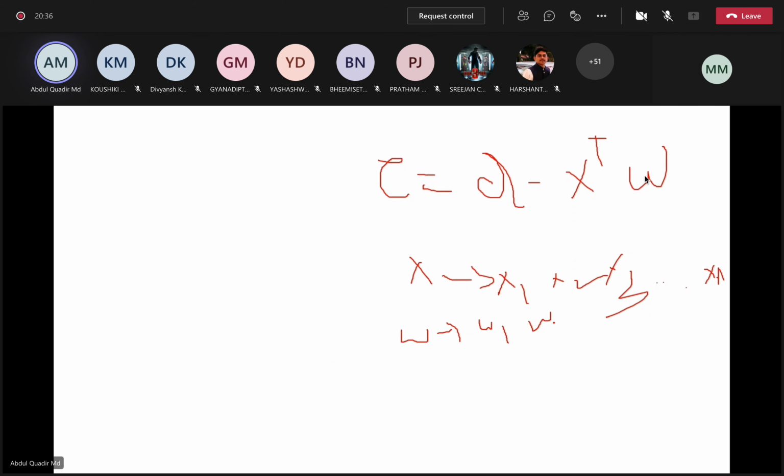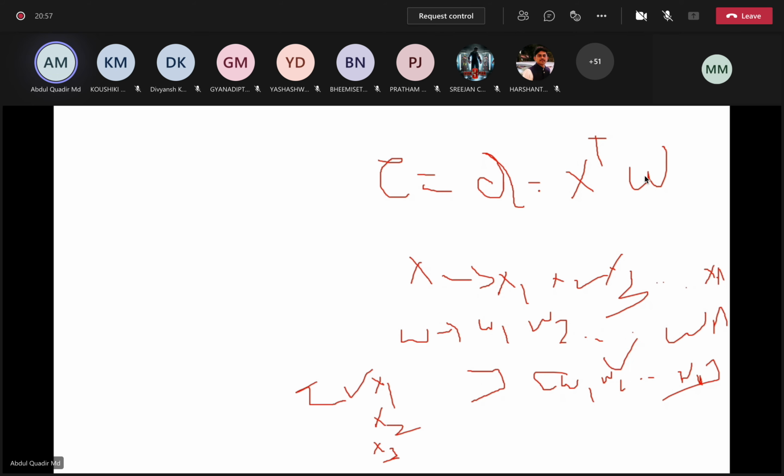W1, W2, W3 till Wn. If I want to multiply these matrices, how will I do, students? One should be in the transposed form, right? X1, X2, X3 and it goes on, into W1, W2, W3 till Wn. So can you see? I'm taking the transpose. So X transpose into W. Okay, D minus X transpose into W.